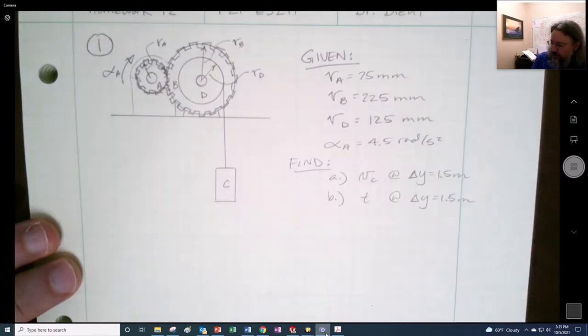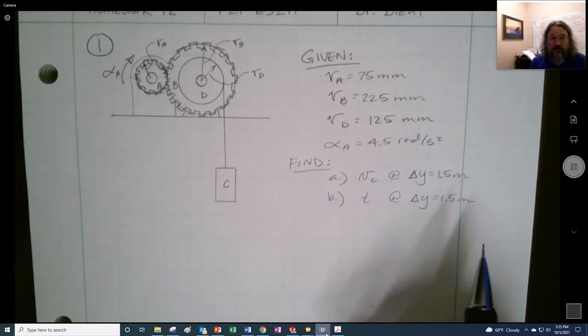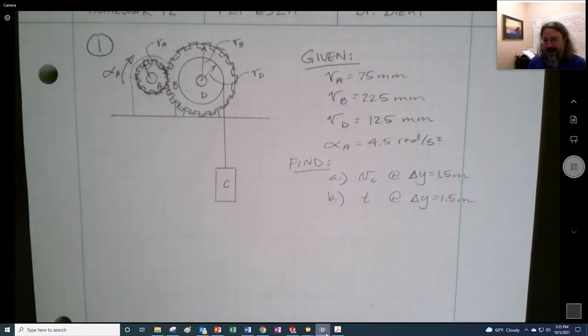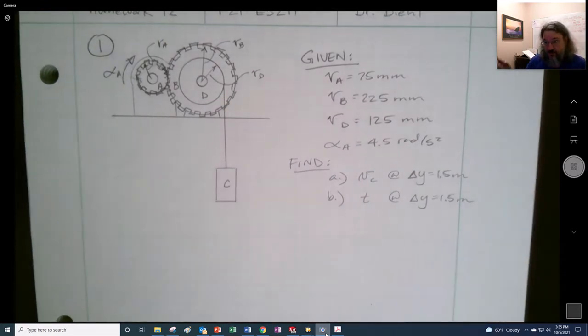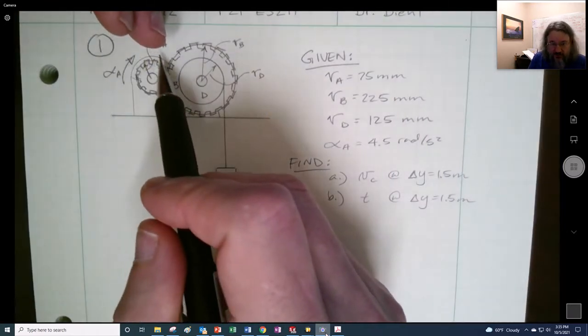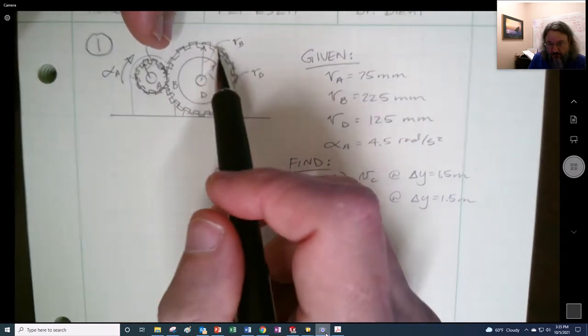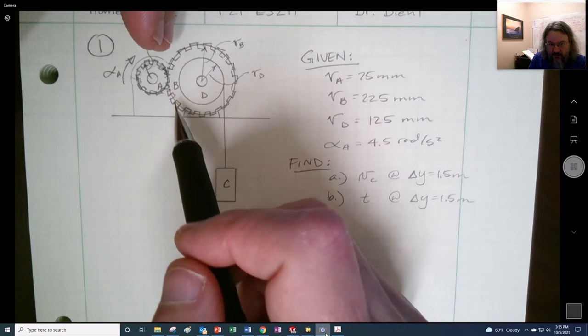Well, when dealing with gears and trying to decide which way something moves, I use a kind of odd mnemonic to try to remember. I put my hand into the gear, right? So if this gear is rotating clockwise, this gear has to rotate counterclockwise.